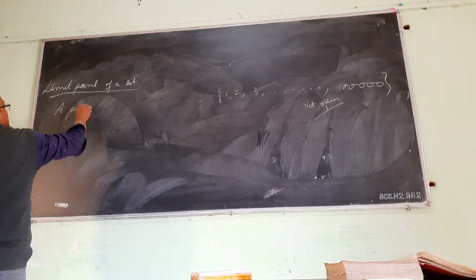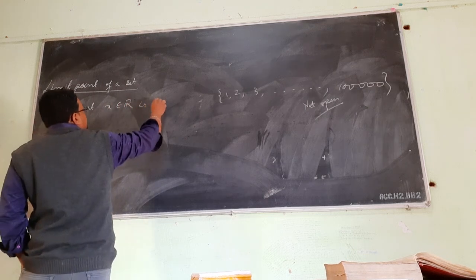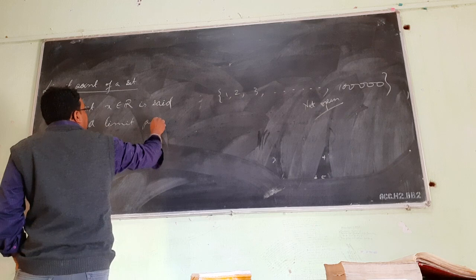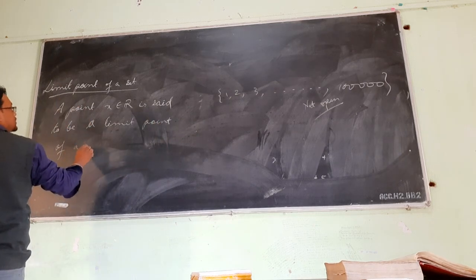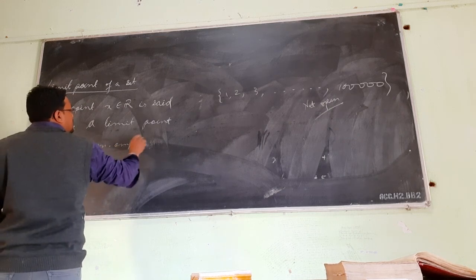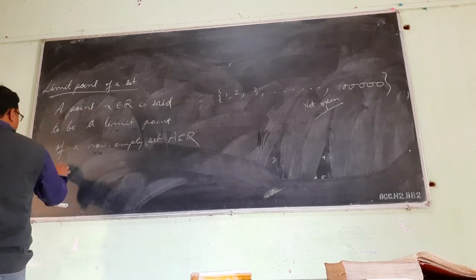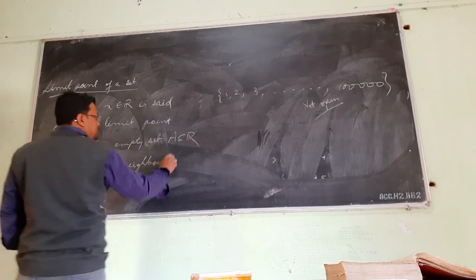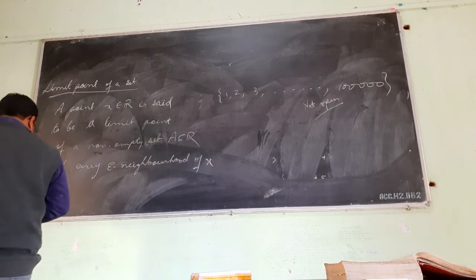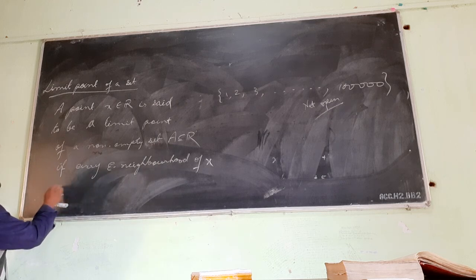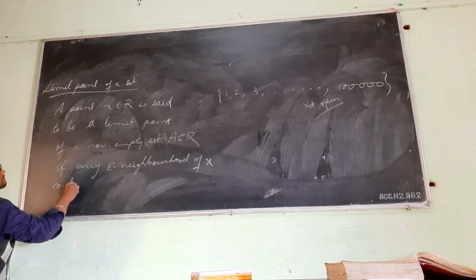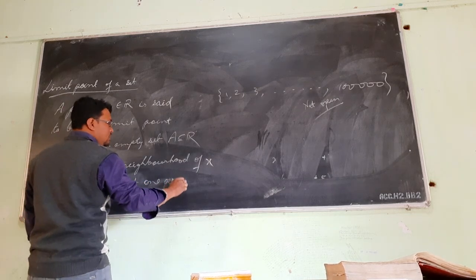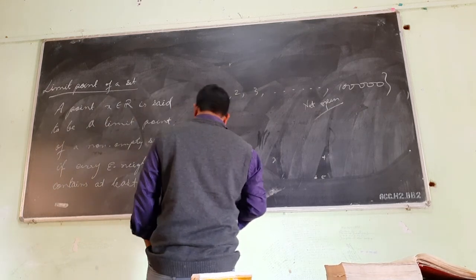A point small x inside R is said to be a limit point of a non-empty set A of R if every epsilon neighborhood of x contains at least one point of capital A different from x.